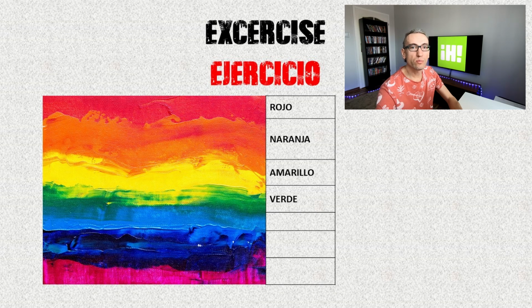So the first one will be the light one, and it's azul claro. So obviously the next one will be azul oscuro. Very good. And the last one is, yeah, you have it right, it's rosa. Rosa is pink.